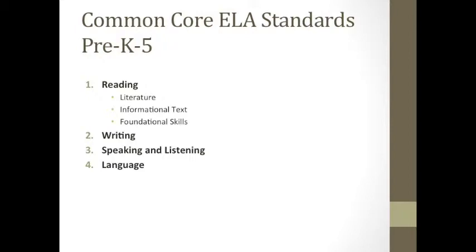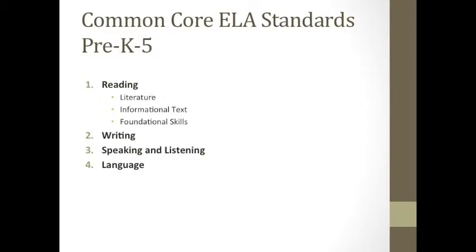And within reading is divided into 3 separate categories as well. It's reading for literature, that has a set of standards, reading informational text with a different set of standards, and reading foundational skills. In this course, we're going to focus primarily on reading, but we will think a little bit about writing and not as much with speaking and listening and language.